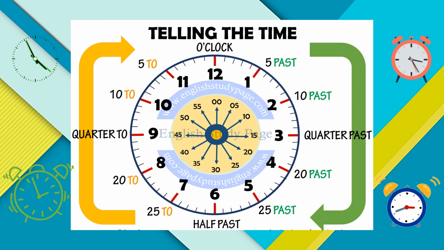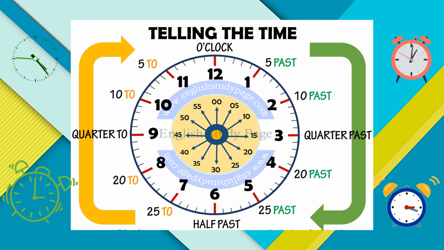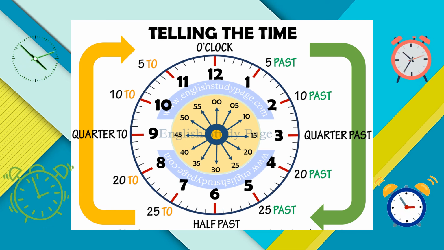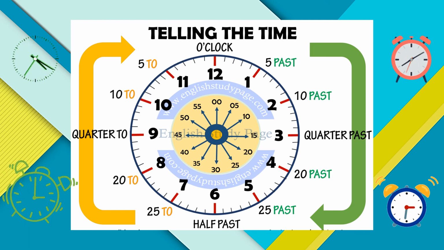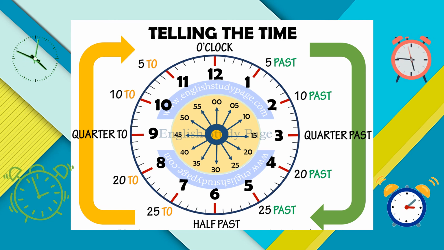Look at this figure. Assume that it is 4 o'clock. Now, tell the time in two ways using 5 minutes interval. So start from 4 o'clock and then 4:05 until 4:55.